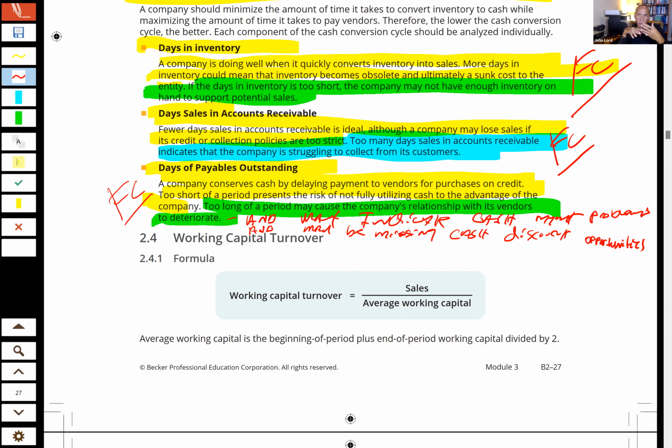And so, for example, let's say the essay question said, calculate some ratios here: days in inventory, days in accounts receivable, days payable outstanding. Your client has asked you what these mean. And in your essay, you would say, dear client, you have asked me to evaluate the days in inventory, days in accounts receivable, days of payable outstanding.